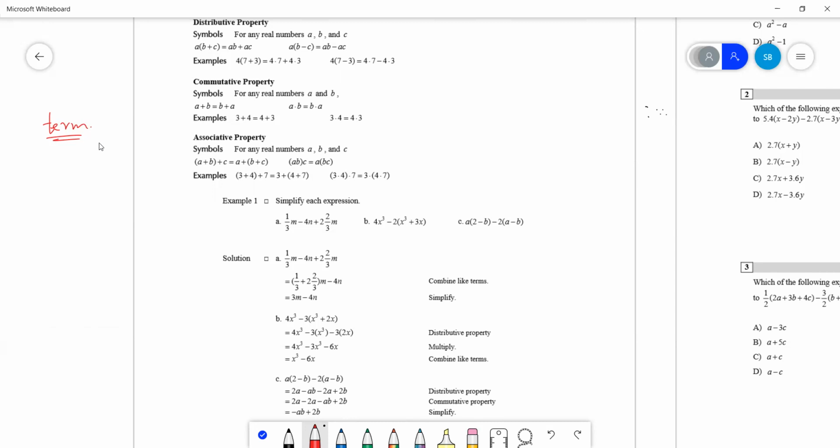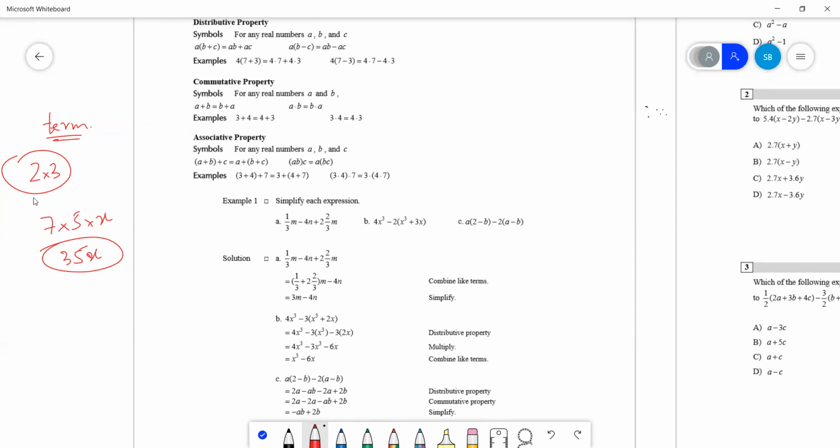In the same way, in mathematics, there are terms, and the terms are connected with multiplication or division. Remember this. For example, 2 times 3 is one term. It's a term. 7 times 5 times x, or you can say 7 times 5 is 35 times x means 35x.